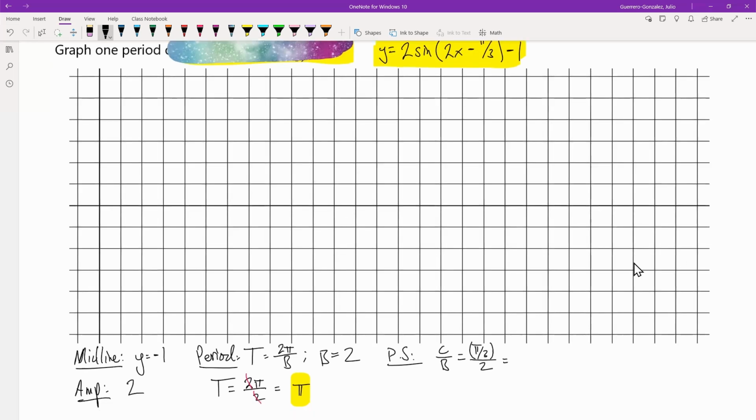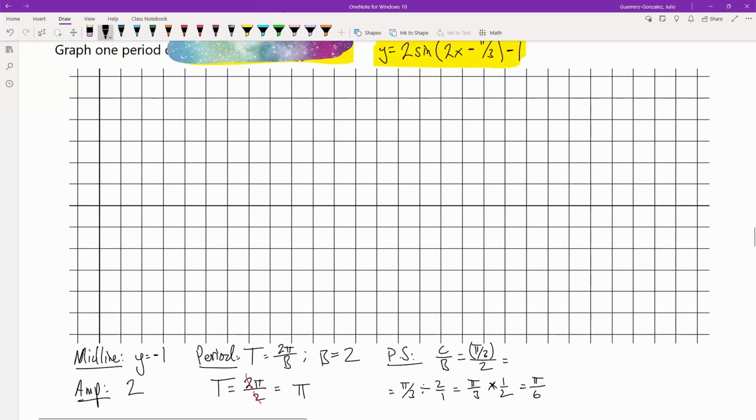There you go. Pi over 3 divided by 2 over 1, pi over 3 times 1/2, pi over 6. So this graph is actually shifted by pi over 6.